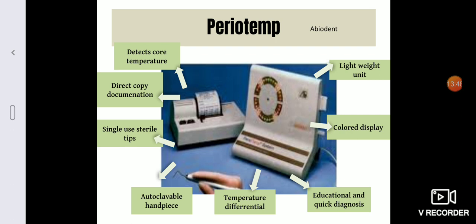That means the standard temperature for that particular area is compared with the increase in temperature, and this temperature differential is displayed as a readout. It consists of an autoclavable handpiece and sterile tips, and it provides a direct documentation of the changes in temperature.